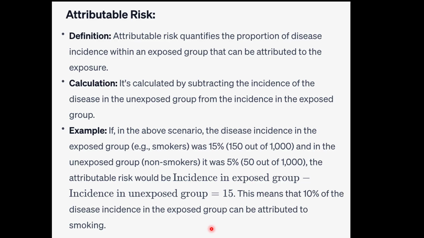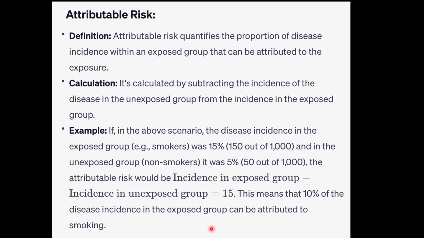Attributable risk, or the absolute risk difference. What is the difference? Attributable risk quantifies the proportion of the disease incidence within an exposed group that can be attributed to the exposure.